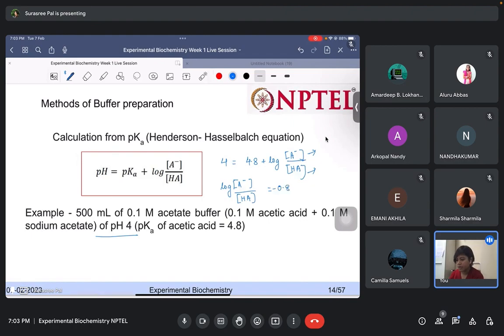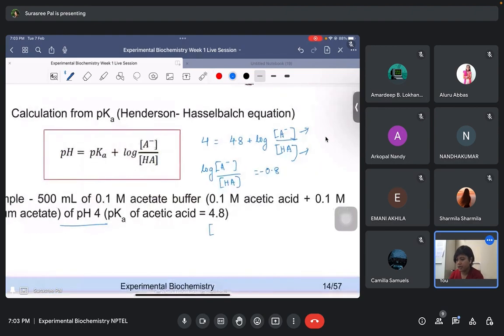So we can write here that A minus by HA is 10 to the power minus 0.8, and if we calculate 10 to the power of minus 0.8, we get approximately 0.158.